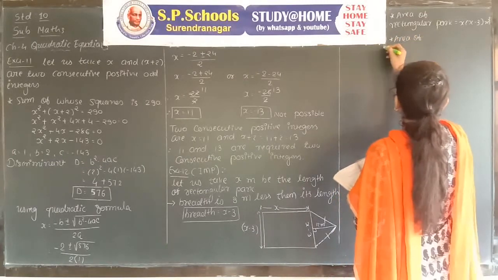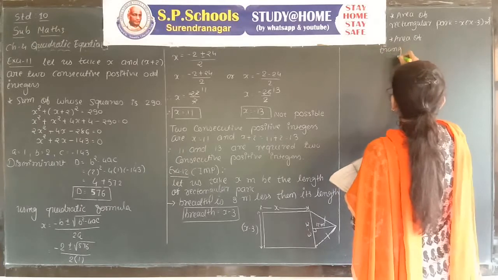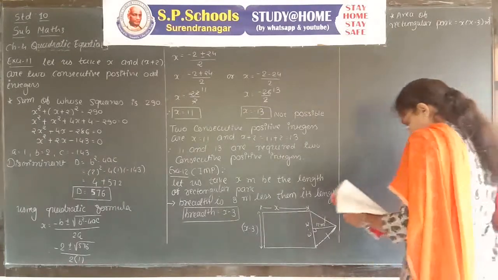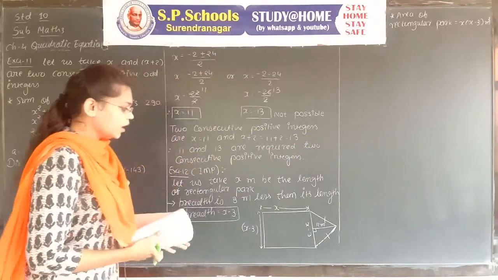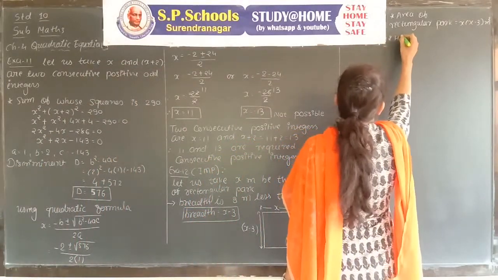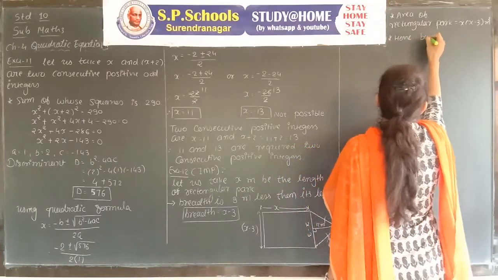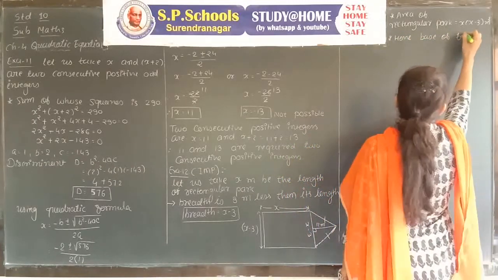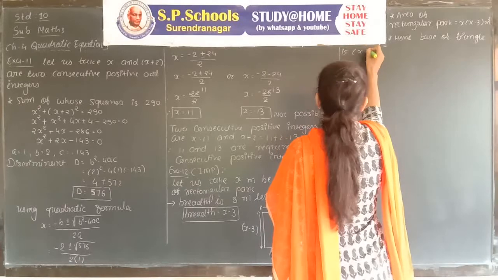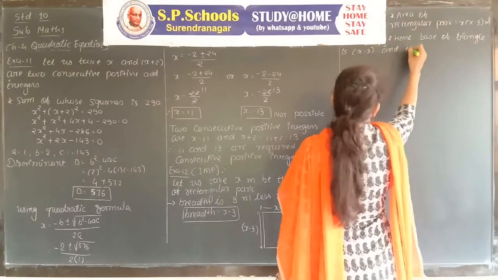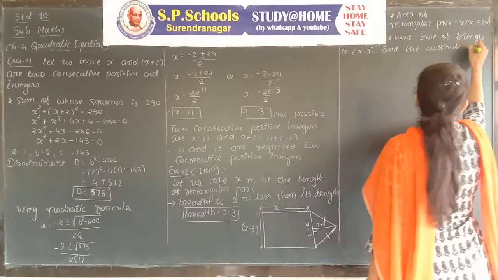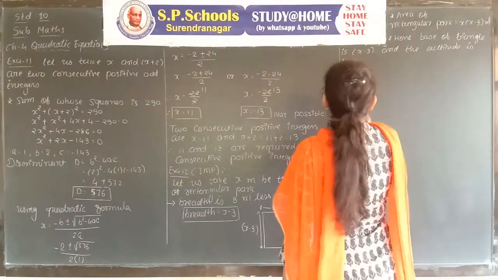Area of triangular park: here base of triangle is x minus 3 and the altitude is 12 meter.